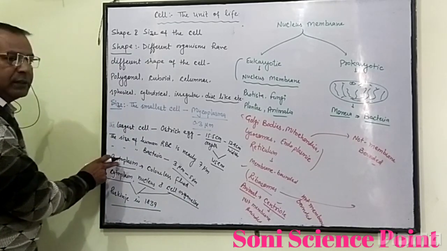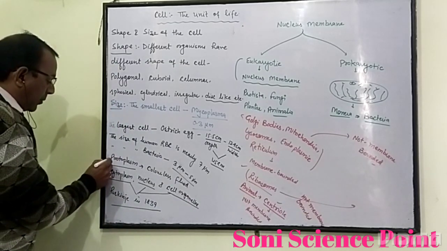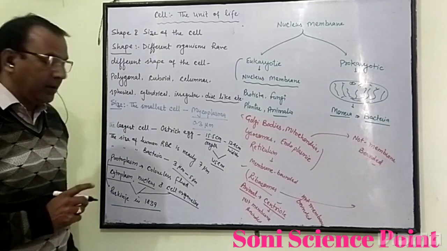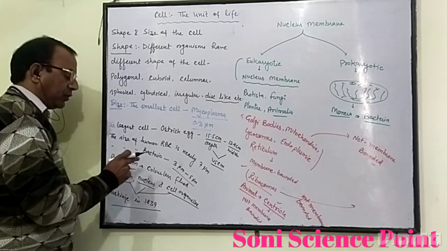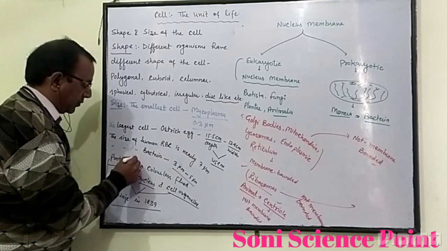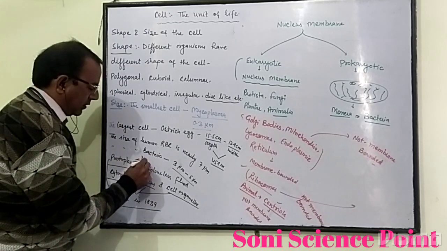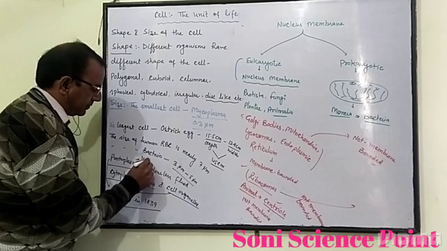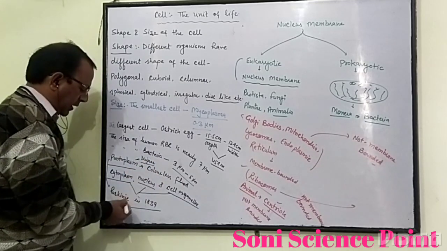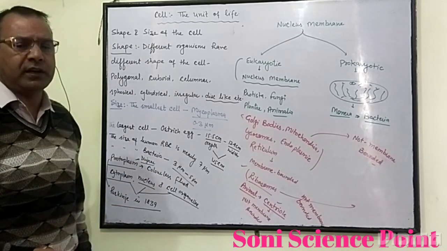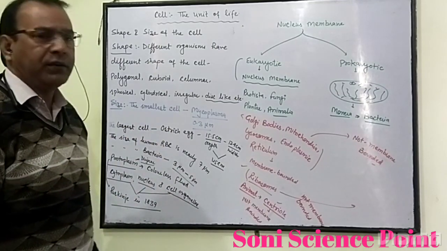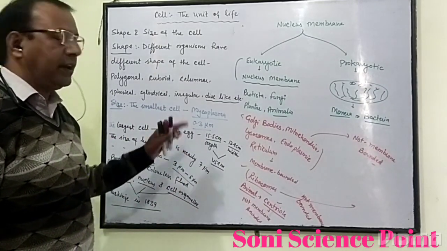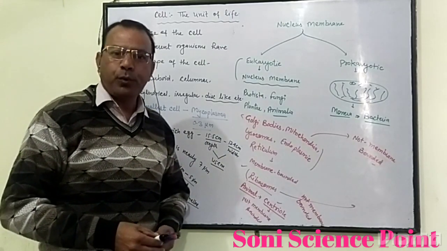Actually, this word was only proposed by Purkinje, but the protoplasm which contains cytoplasm, nucleus and cell organelles was proposed by Dujardin. But nowadays we say that protoplasm was discovered by Purkinje. This is the whole introduction of the different types of cell. In the next part we will discuss the prokaryotic cell.